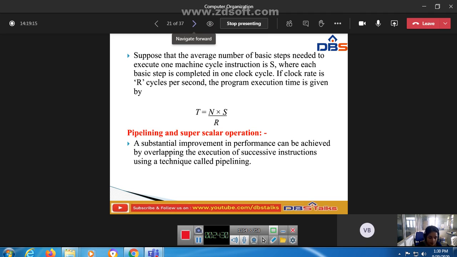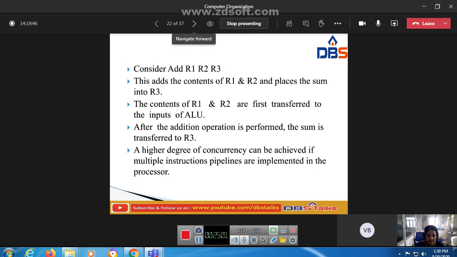Pipelining and superscalar operations. Next, we assume the instructions are executed one after another. The value of S is the total number of basic steps or clock cycles required to execute one instruction. Substantial improvement in performance can be achieved by overlapping the execution of successive instructions using a technique called pipelining. Consider, as an example, Add R1, R2, R3, where we add the contents of R1 and R2 and place the sum into R3.